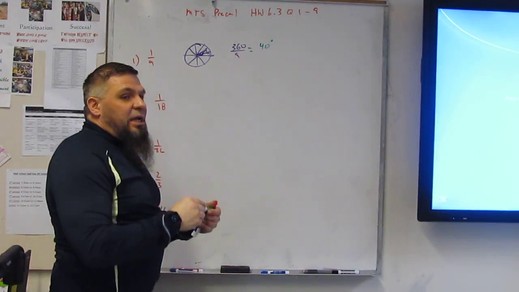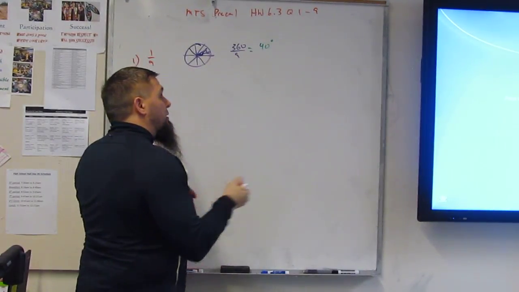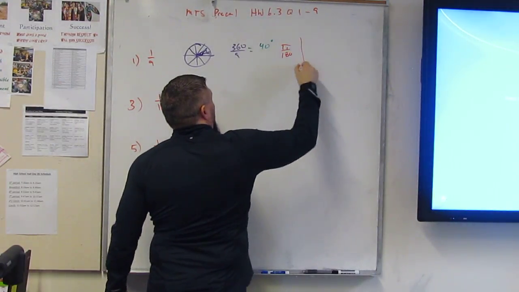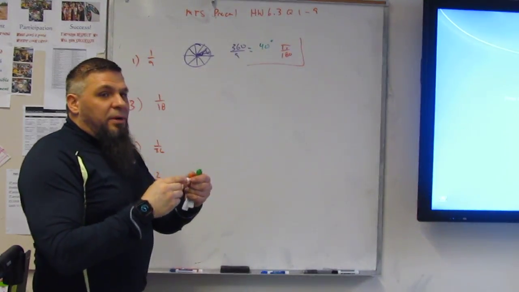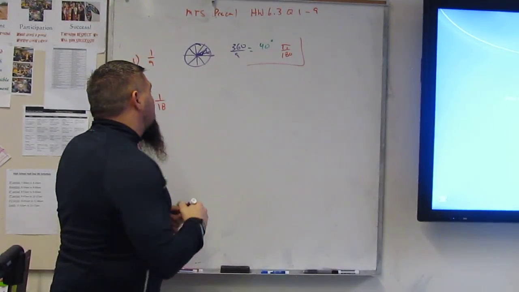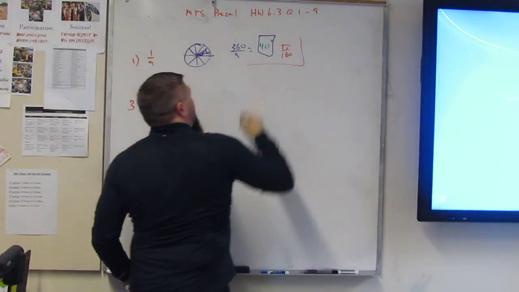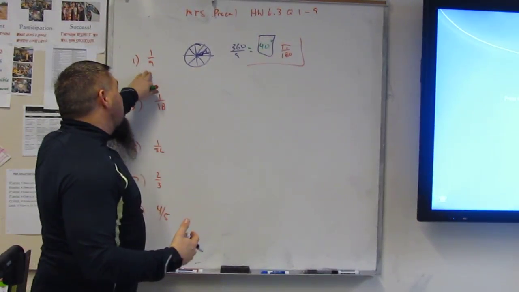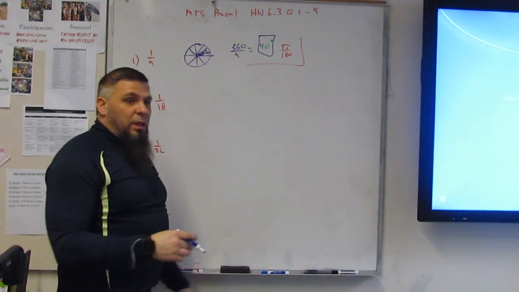Then we're going to change that into radians. So pi over 180. Now I'm going to just think about what goes into 40 and 180. Right now we have 40 degrees as an answer, that's how many degrees 1/9 of a circle is.